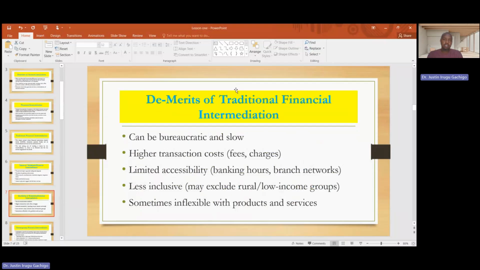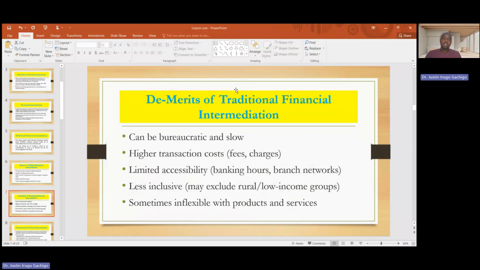High transaction cost. Whenever you go to a physical bank or a physical facility, there are quite a number of fees that you are going to get. Maybe stamp duty fee, negotiation fee, bank charges, all that. Limited accessibility.